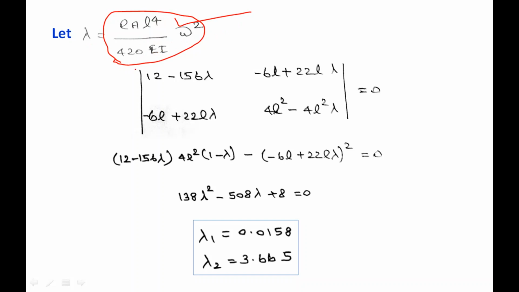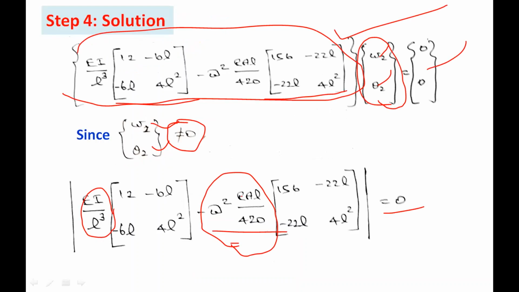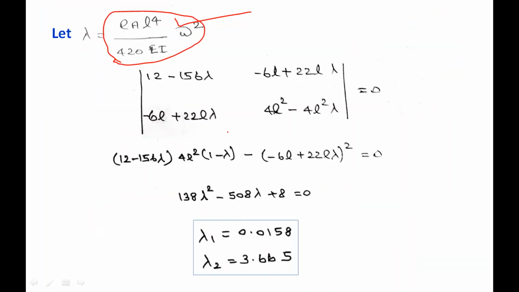When you take this as lambda, we can easily add these two matrices: 12 minus 156 lambda, minus 6L minus 22L lambda, and so on. We can add these two matrices after assuming lambda, because this is for easy processing. We are using this notation lambda here.